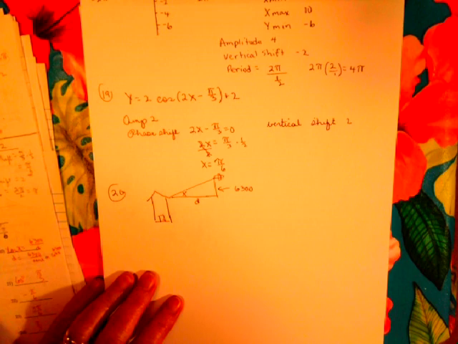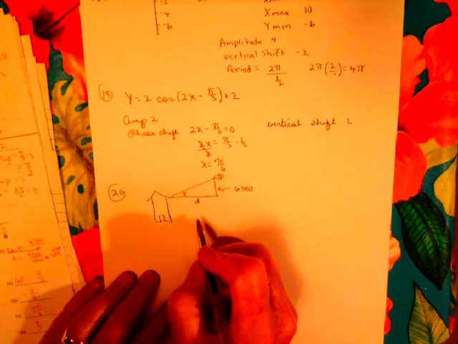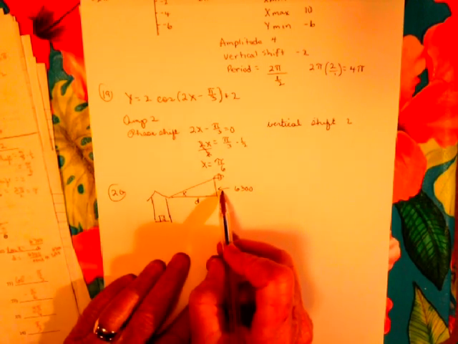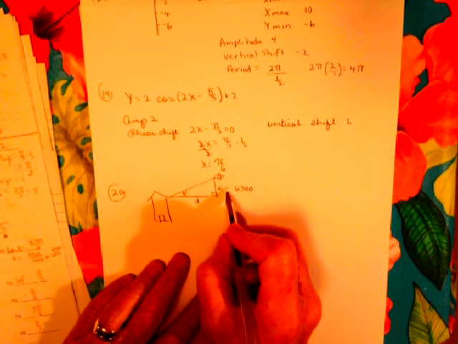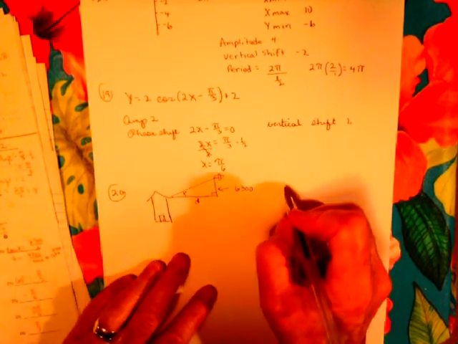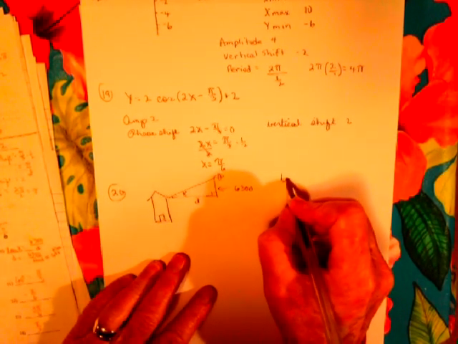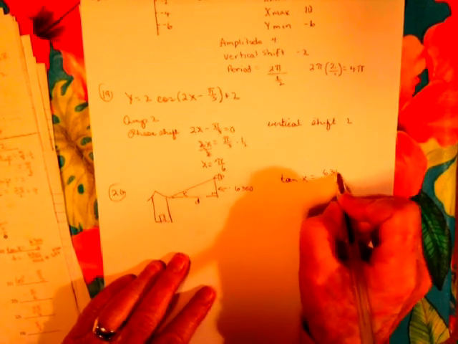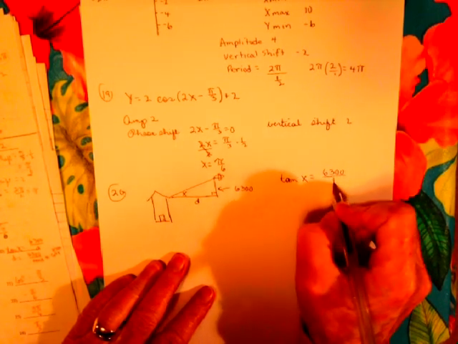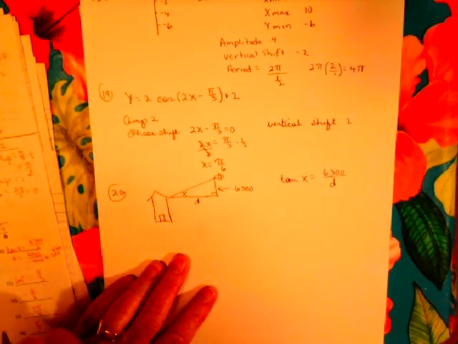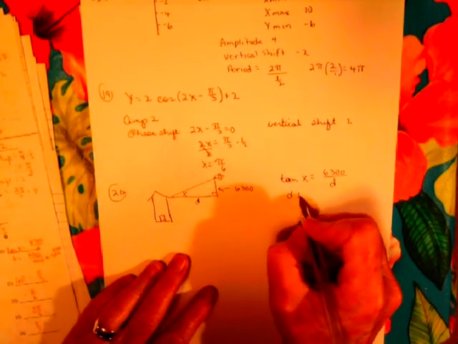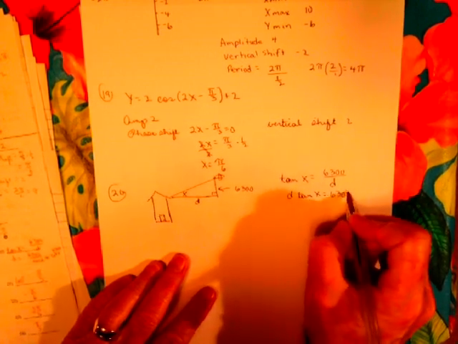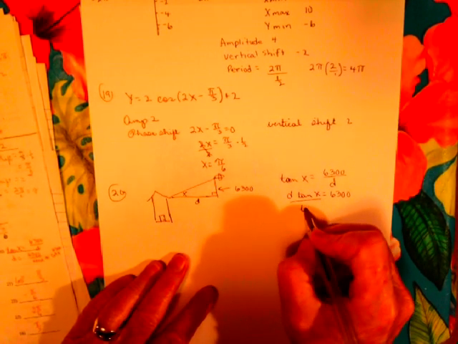Now, express D in terms of a trig function. What trig function has opposite and adjacent? Tangent of x equals opposite over adjacent, which is 6,300 over D. When you solve that for D, D tangent of x equals 6,300. Divide by tangent of x.